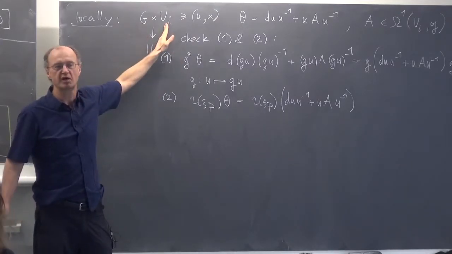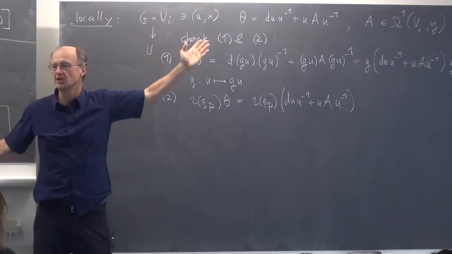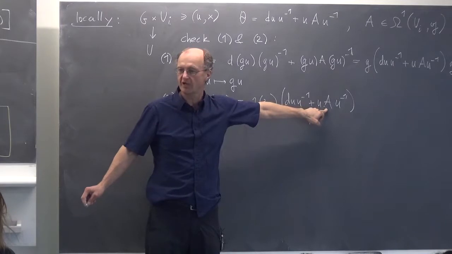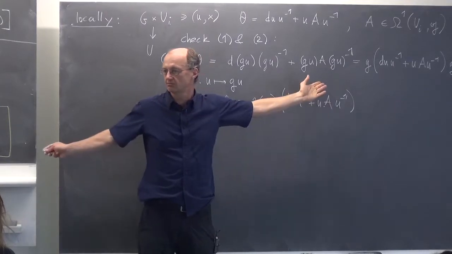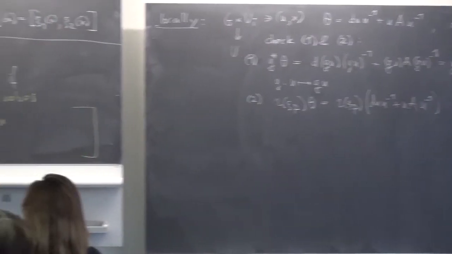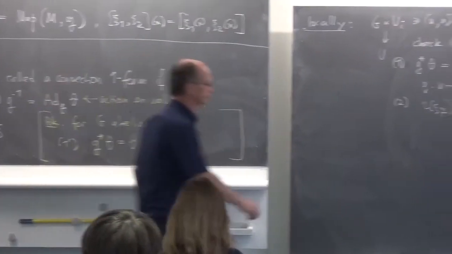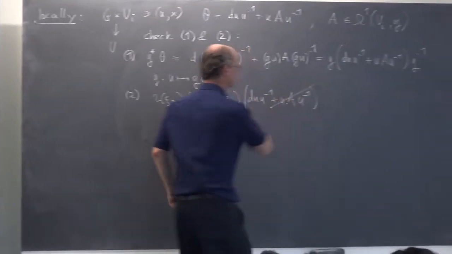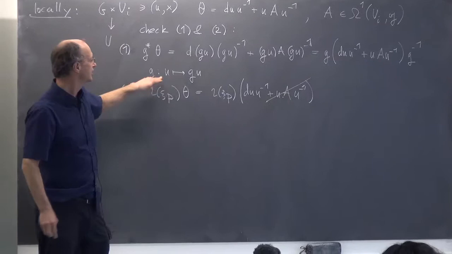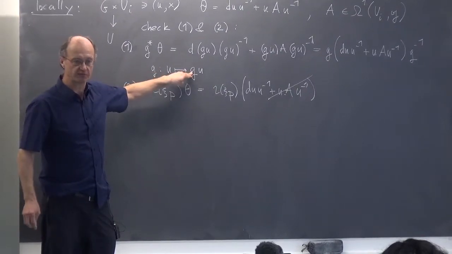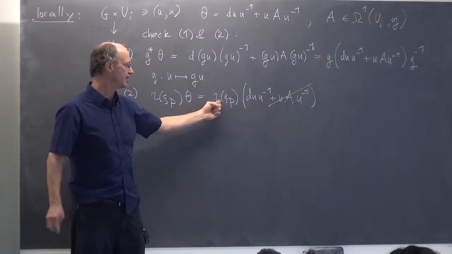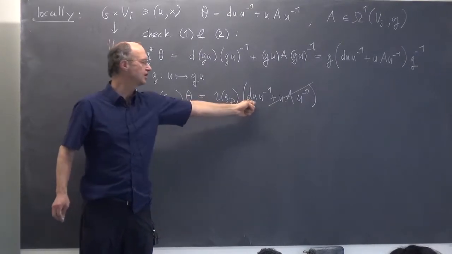How does it act on the base? Right, it just doesn't act. So this means that the contraction with the one form on the base is 0. Now how does it act on the fiber? I decided the action is the action by left translations. So these are just now matrices. What happens when I substitute xi into dU?